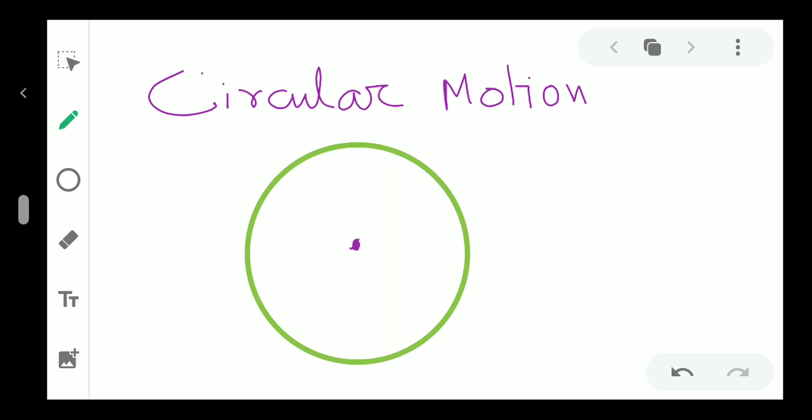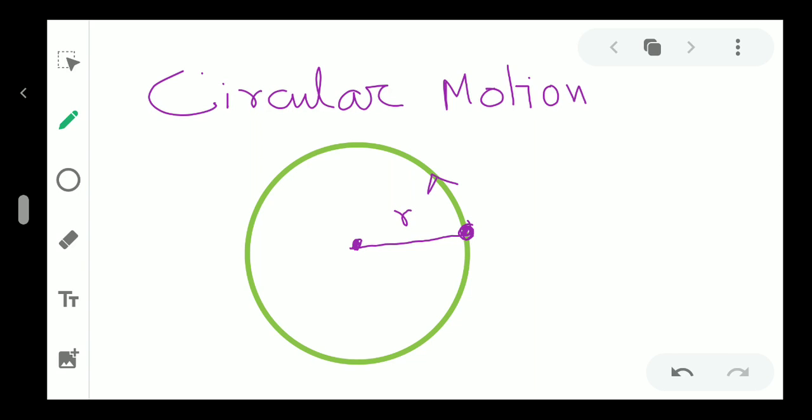Uniform because it's a simple circle and the distance of the object which is revolving is fixed. Let's say we have a stone at the end of one thread, and I am just revolving the stone like this. You can see that the distance from me to the stone is always fixed.